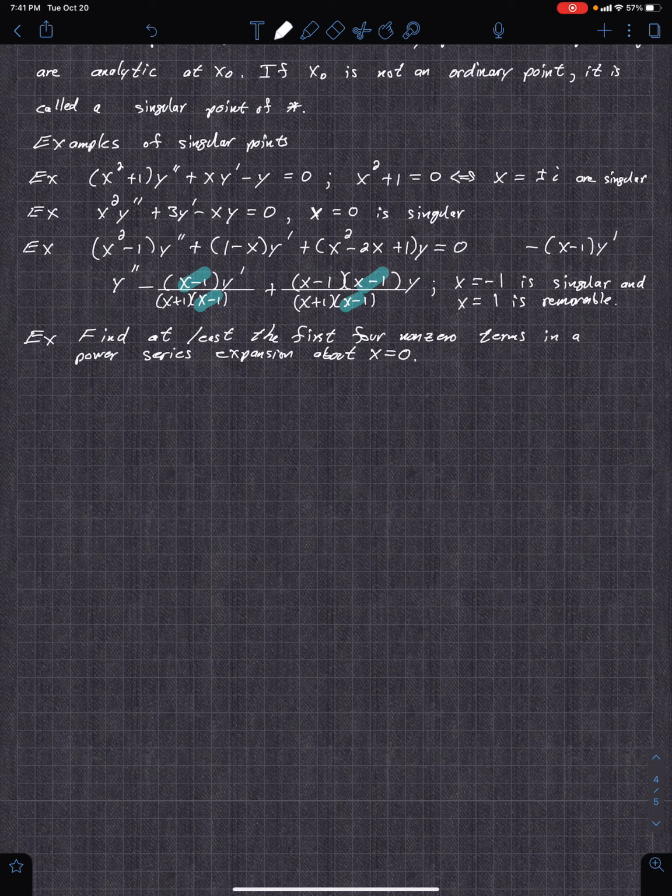So we have z double prime minus x squared z equal to 0. Our p of x is not there, so it's 0, and our q of x is equal to -x squared.